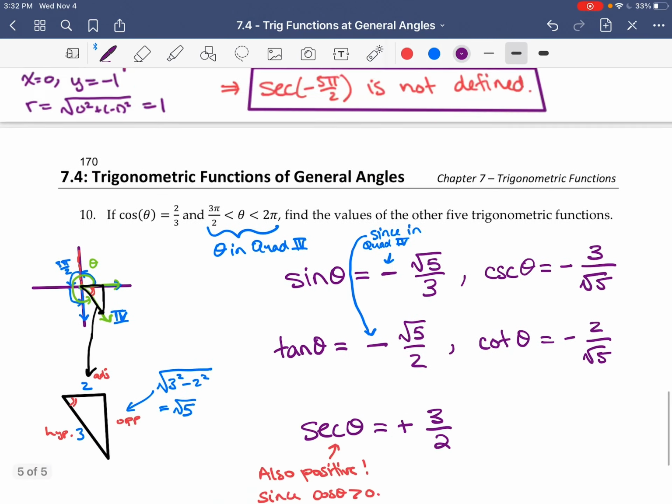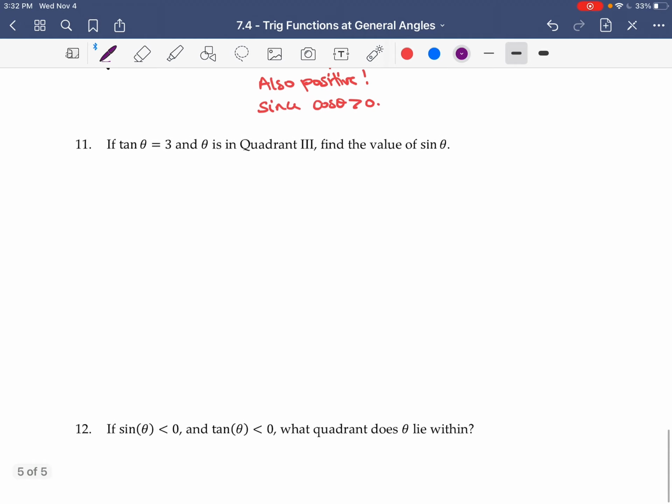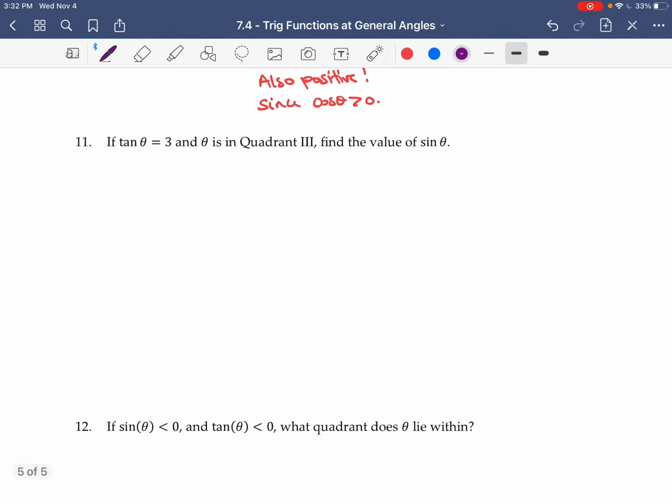Okay, let's try another one. So just a couple more here. If tan theta is equal to 3 and theta is in quadrant 3, we want the value of sine theta. So let me draw the quadrants.